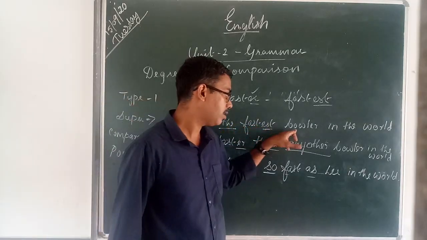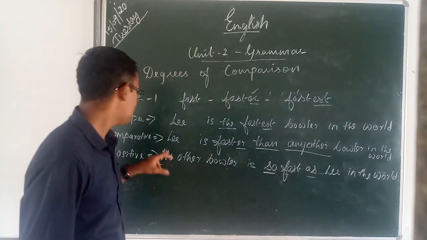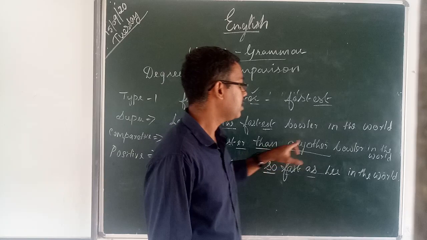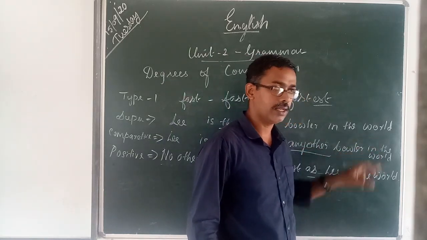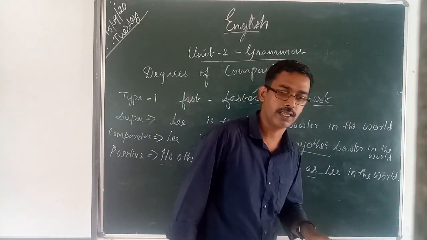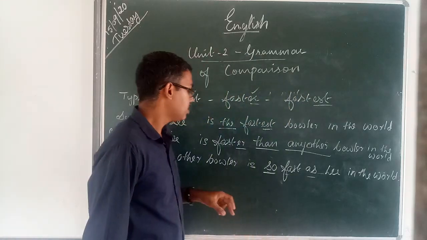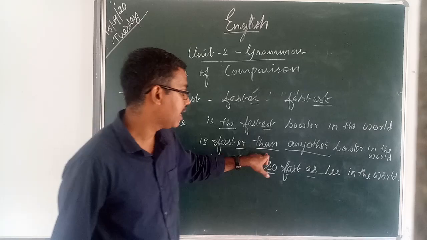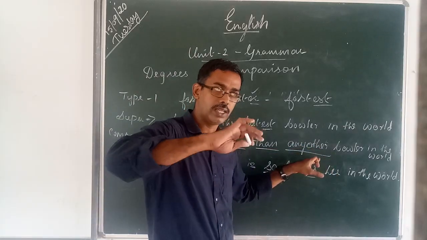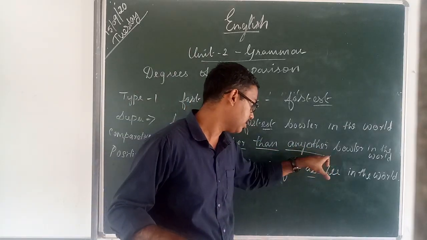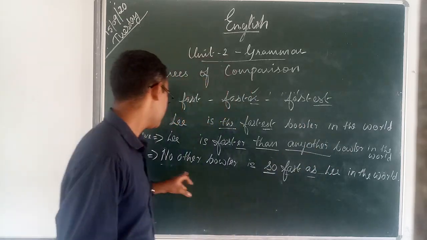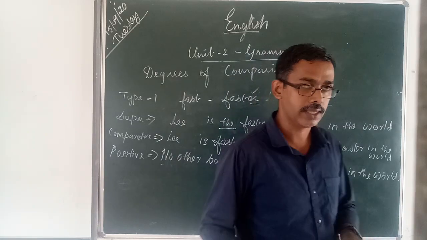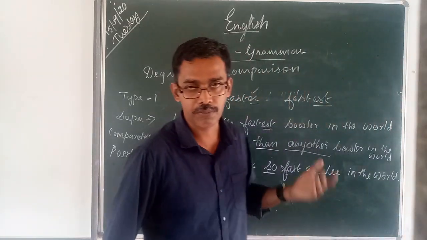Lee is the fastest bowler in the world. Then in the comparative degree, Lee is faster than any other bowler in the world. Here it is important: faster than any other. If you are listing only the topmost, "any other" is important. Then the next one: no other bowler is so fast as Lee in the world. I hope you have understood.